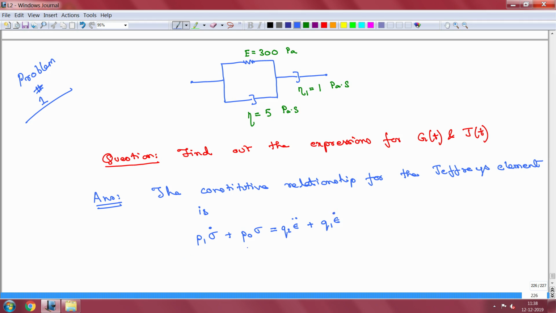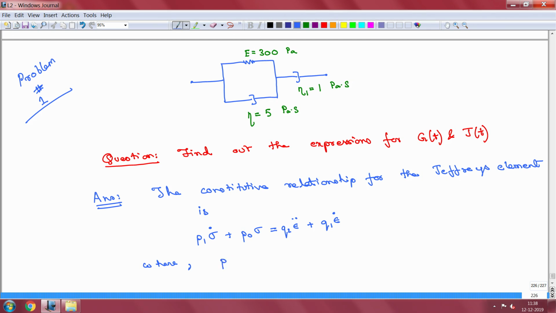and we also know that these coefficients can be expressed in terms of the variables that comprise the Jeffreys element. These 4 coefficients can be expressed in terms of these 3 variables that we have.